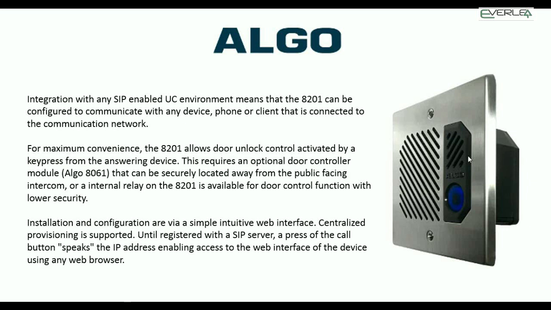The 8201 can be set up in a number of ways, and we'll go through a little bit more in detail, but essentially it can work as a standalone unit. It can have its own onboard relay control and even a sensor to detect if the door is opened or closed. But it can also integrate with the Algo 8061 controller unit.